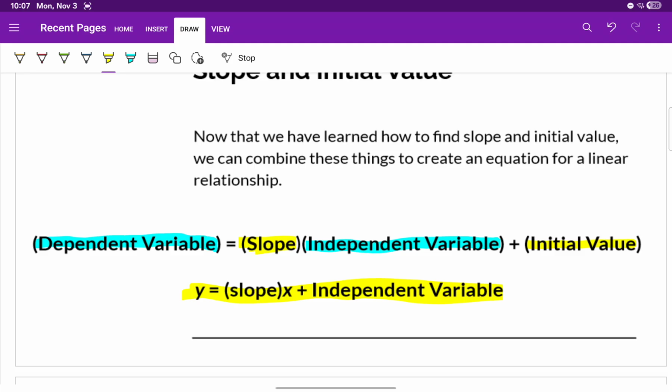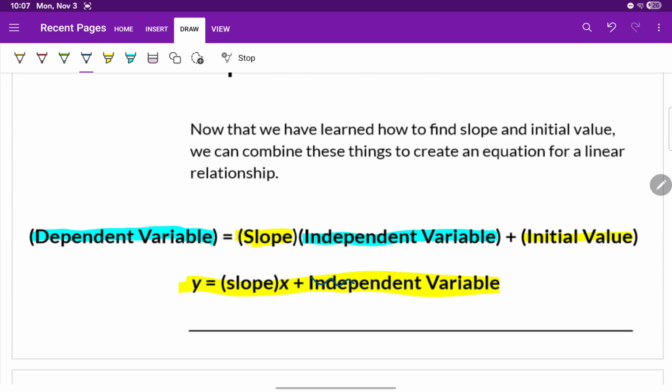Independent variable, plus our, now this is a typo, this should say initial value. My apologies. Okay.